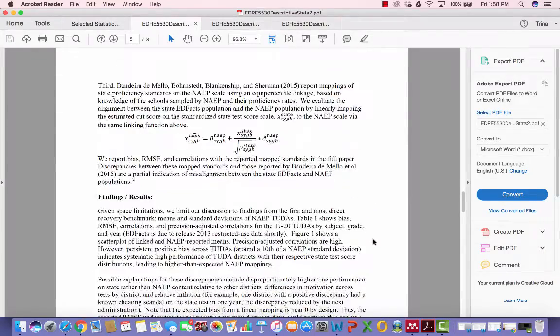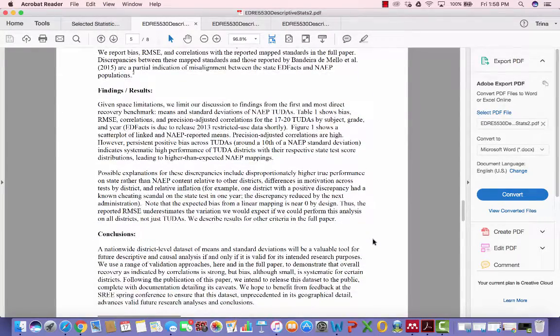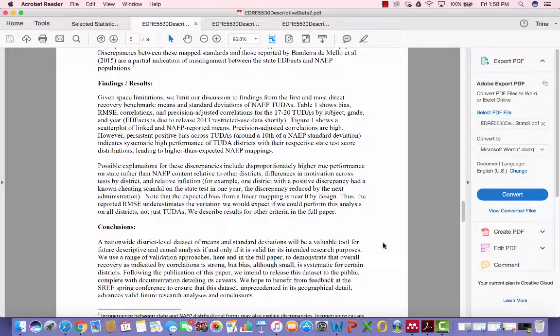So as we work on down through here into the findings and results, they did find evidence of bias, and they speculated on some of the reasons. They talk in here about there was a cheating scandal, maybe some of the reasons for the bias and differences or motivation differences of the students, and so forth. They did find correlations between estimated means and actual means.